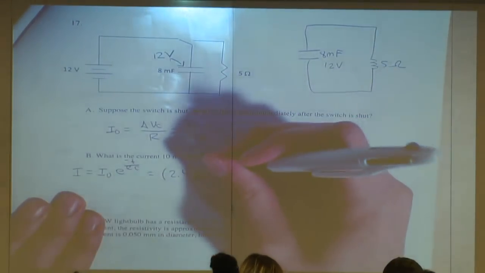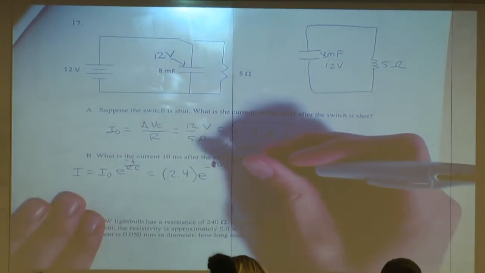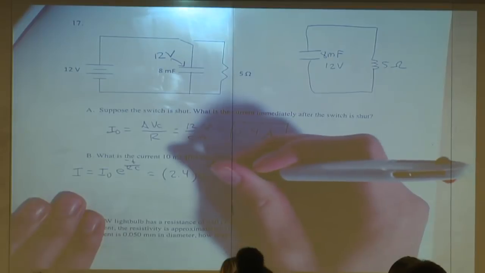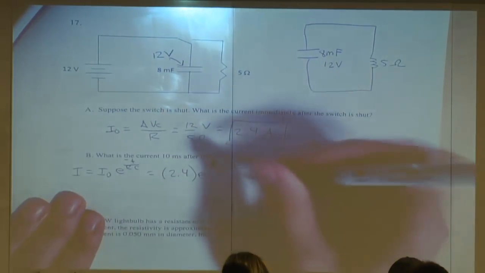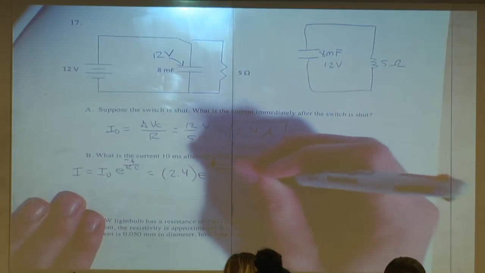It should be 10. Negative 10, sorry, times 10 to the negative 3 over, so the resistance is 5, and then the capacitance should be 8 times 10 to the negative 3 farads.